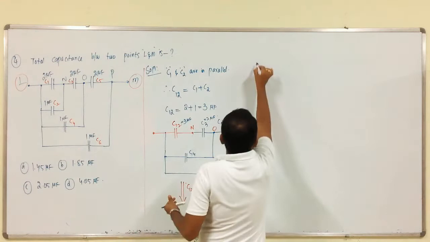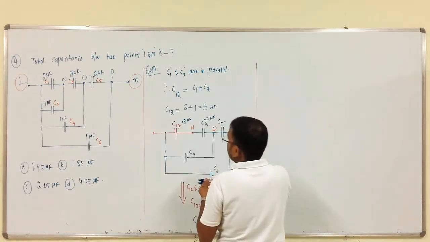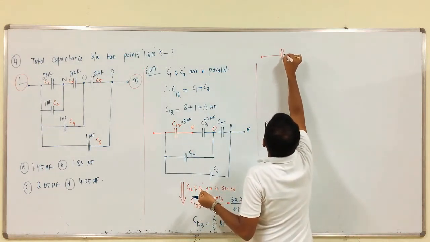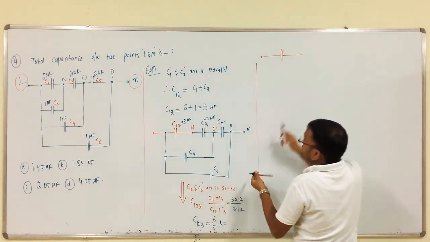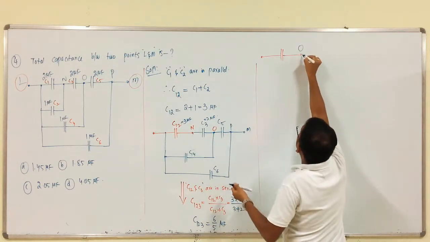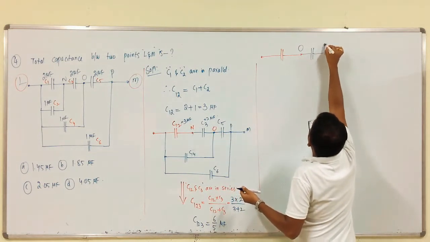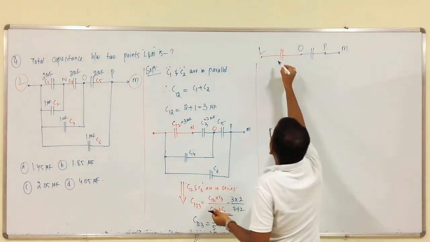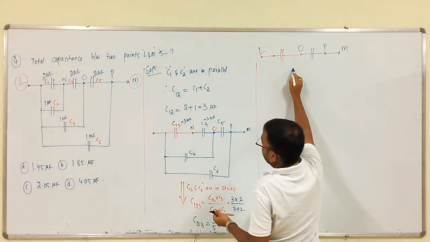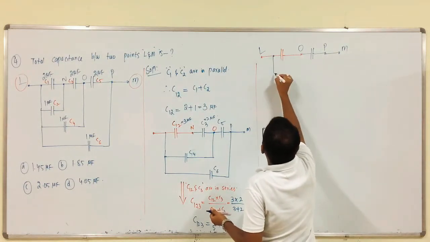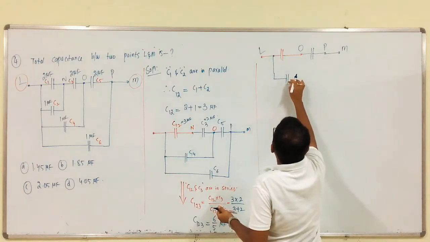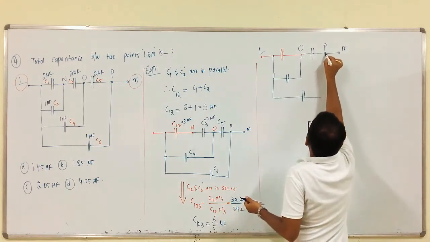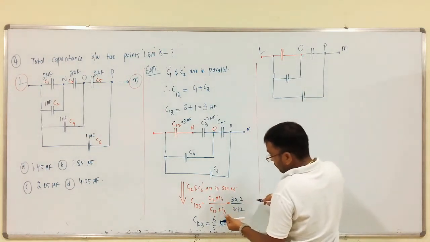Then the circuit becomes what? C12, that is it. This is O. Again we have one branch, this is P, this is M, this is L. What is the value of C123?